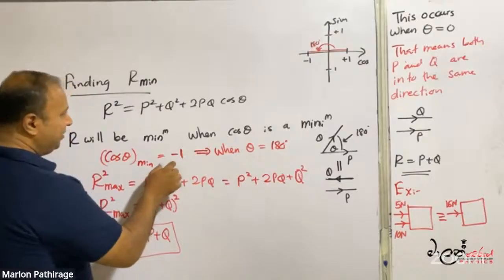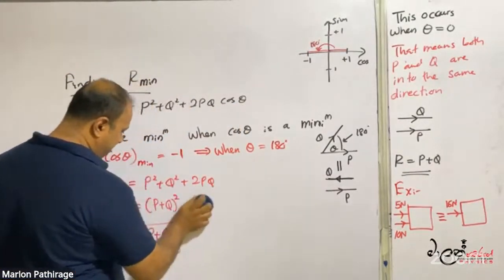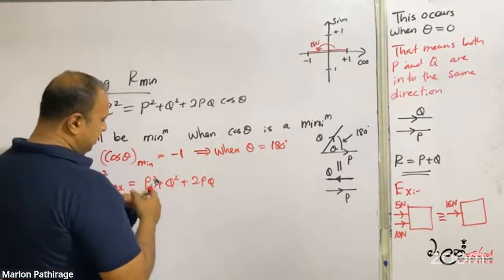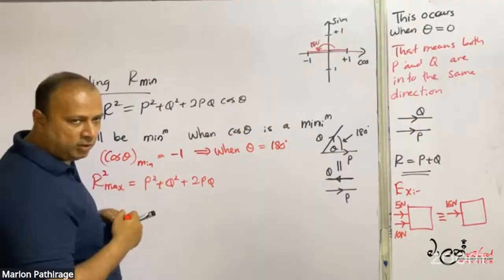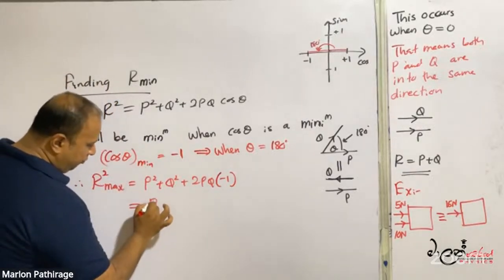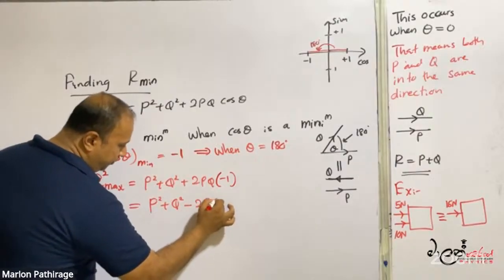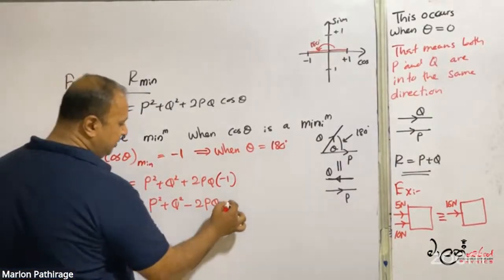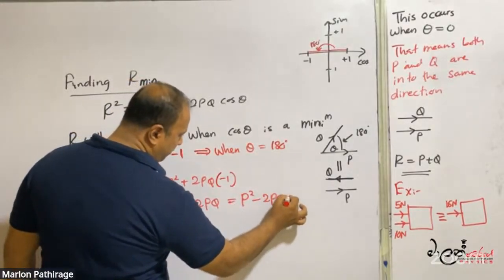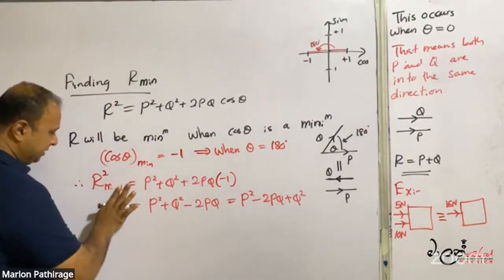Now you know cos theta is minus 1. Therefore, here you have to apply minus 1. That means P squared plus Q squared plus minus 2PQ. So you can write this as P squared minus 2PQ plus Q squared. This is our minimum.